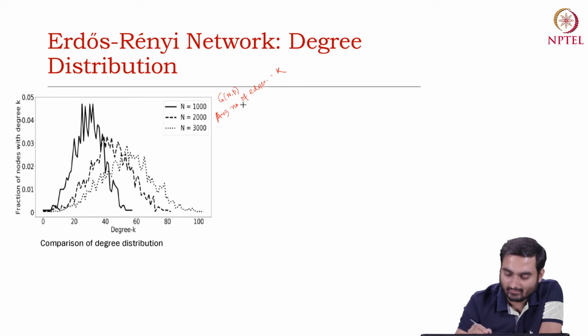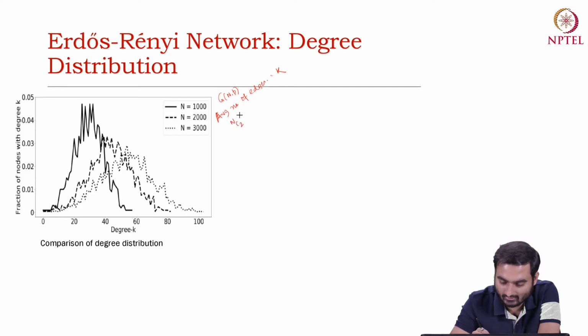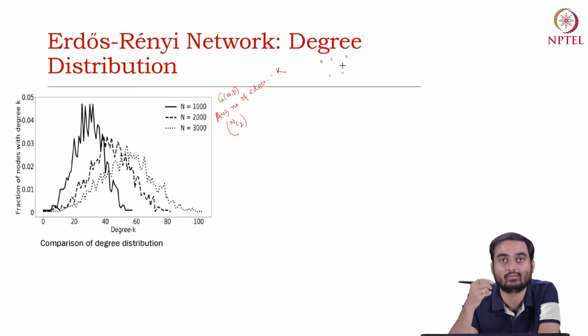It means that there are n nodes and n C 2 possible pairs, and out of these n C 2 pairs only k pairs have been successful in terms of connections.